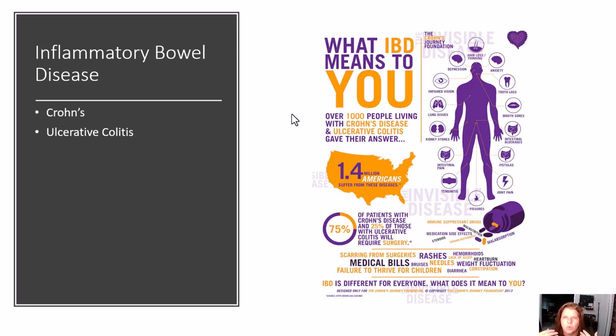So if this were a matter of hypothyroidism, it would be attacking the thyroid. If it was diabetes, it's attacking the pancreas. And inflammatory bowel disease, it attacks the intestinal tract. The difference between Crohn's and ulcerative colitis, we usually do see some differences in where this occurs.